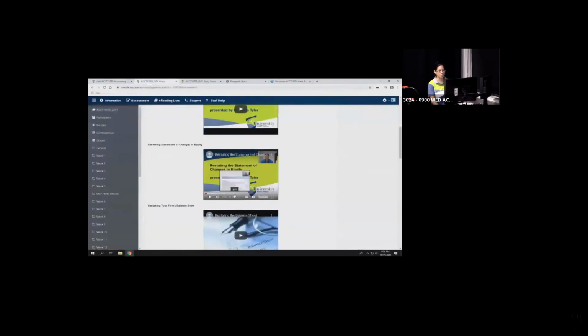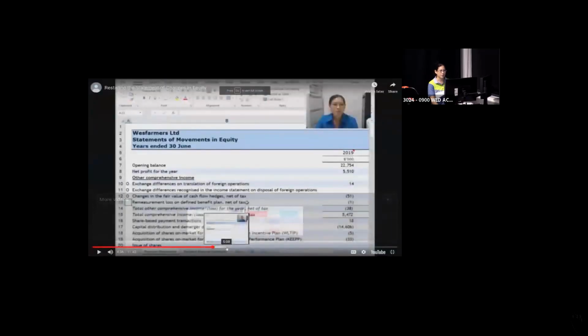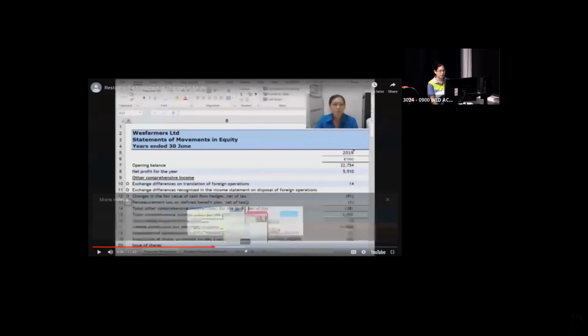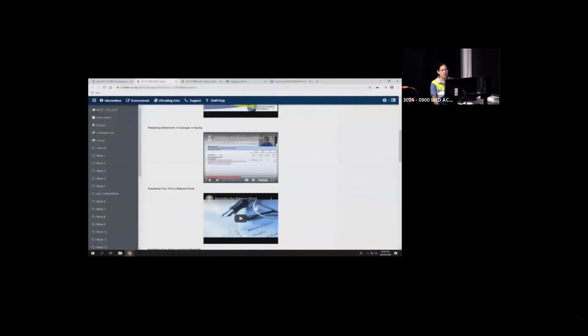It goes through, and you'll actually see me restate it for you, literally step by step. I show you how I classify things into O, I don't think I had any F for Wesfarmers, and how I link it across in the whole video. I do that whilst I'm explaining it to you. Also, when I'm preparing these videos, I don't take out any mistakes that I make.